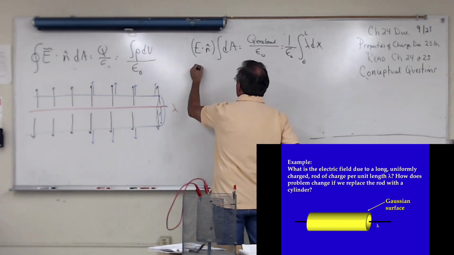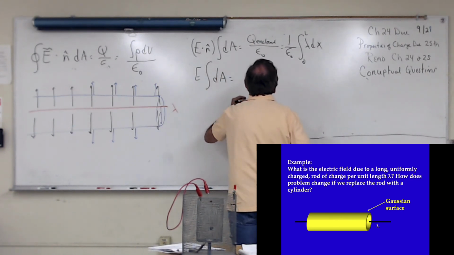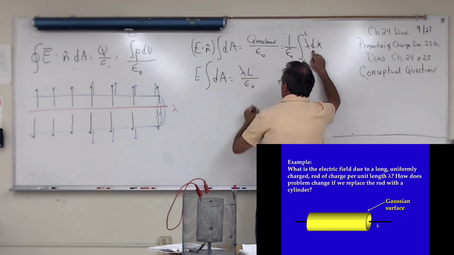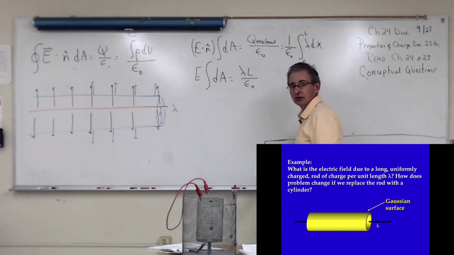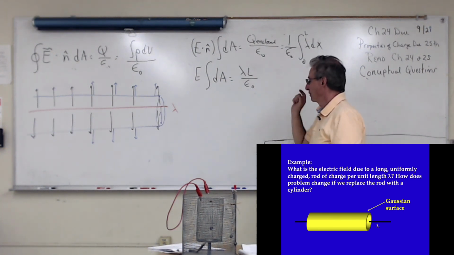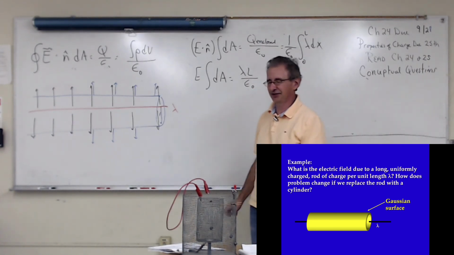So I'm going to get E times the integral of dA. This integral is lambda times L. You might say, that's infinite. There's something wrong there, man. I'll say, yeah, don't worry about it, okay? What's the lateral surface area of that sphere? I'm sorry, that cylinder.